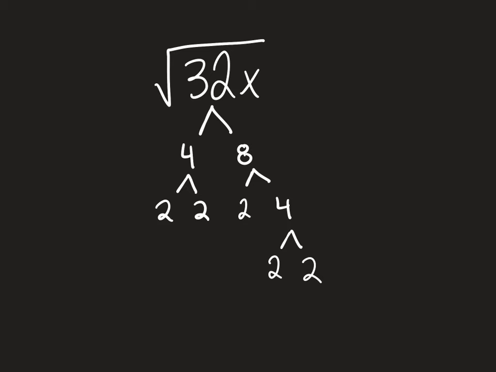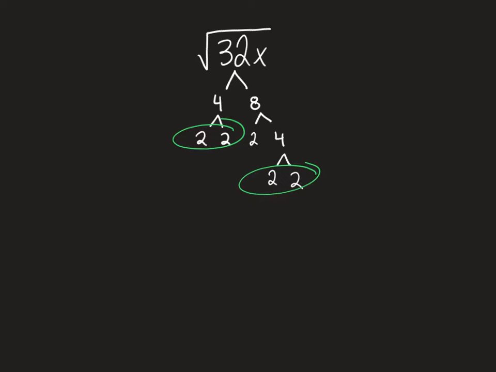So for this, anything that we have 2 of in our final factors, so we have 2 2's here, we have 2 more there, we can pull those out. So we can pull out one 2 from this and one 2 from that.